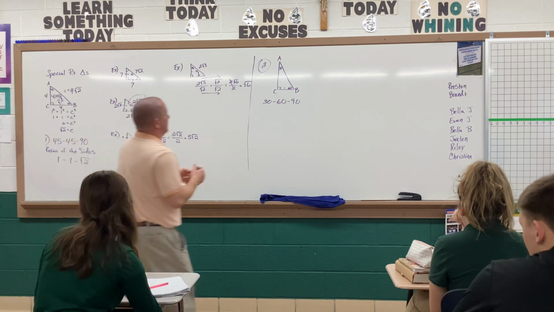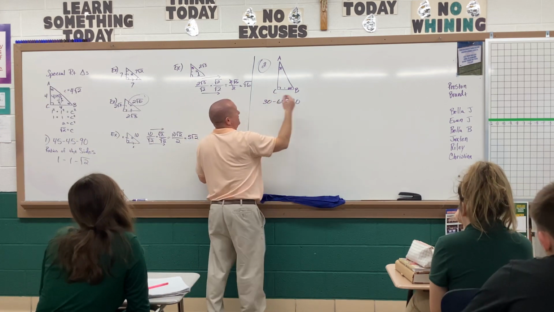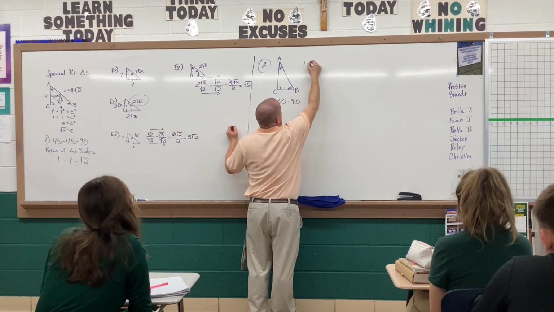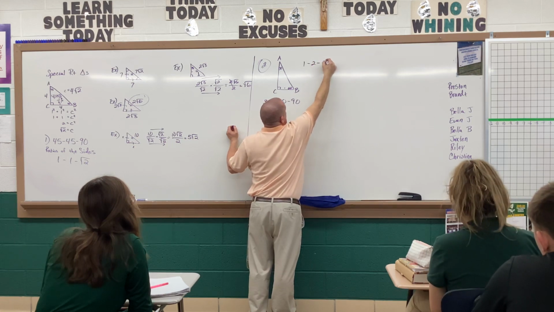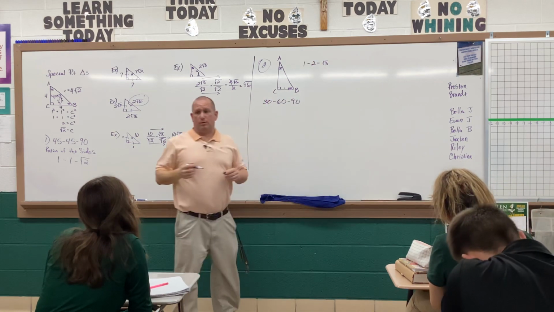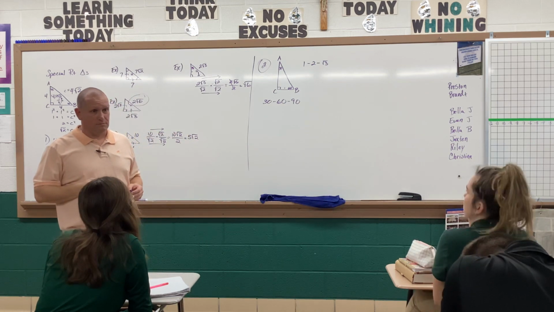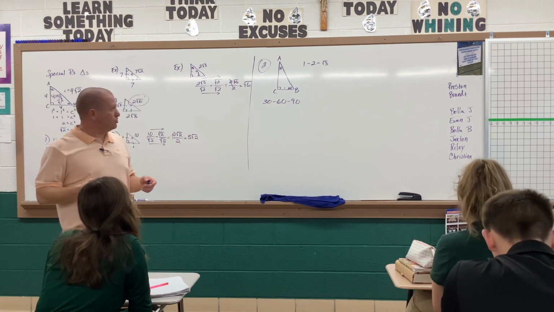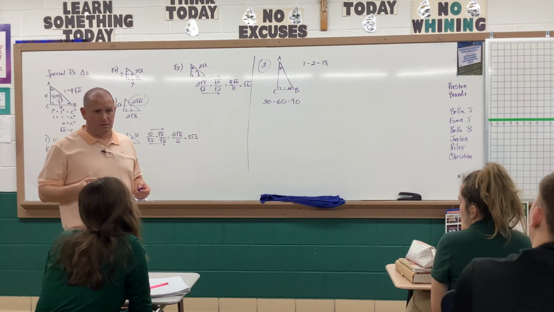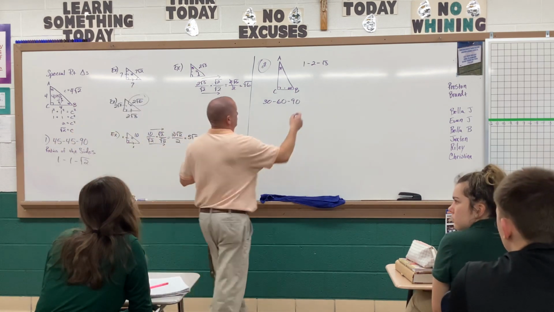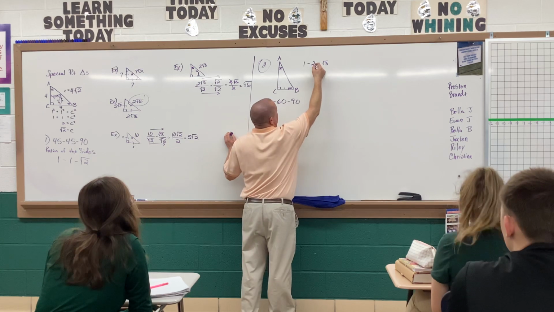All right? So if I told you that we had these possibilities of 1, 2, and the square root of 3, what would you say is the biggest number between those 3 things? 2. Everybody good at that? Because the square root of 3 is really what? 1 point something, right? So if it's 1 point something, then 2 has to be the biggest side.